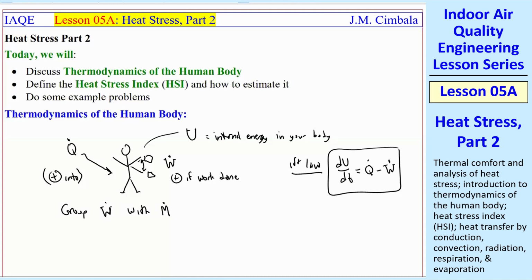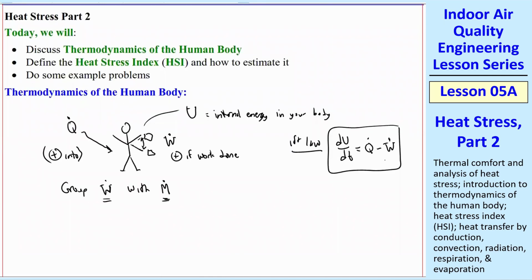So when you're doing work, M dot will go up, and it doesn't matter then what work you're doing, whether you're actually thermodynamically lifting a weight, or if you're playing basketball or tennis or something like that, or swimming, where there's really no weight being lifted. So we're going to basically group W dot with M, and we'll not worry about the W dot.